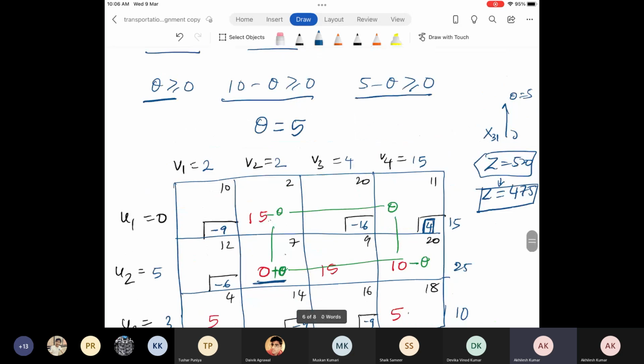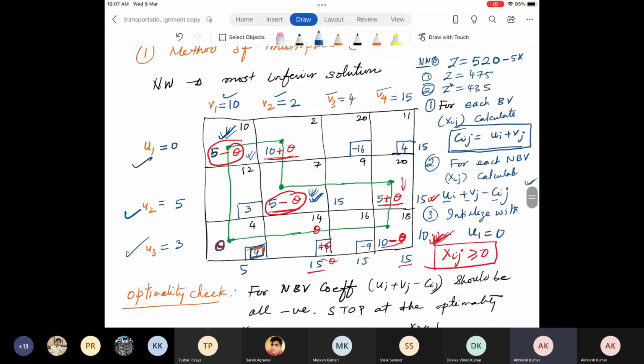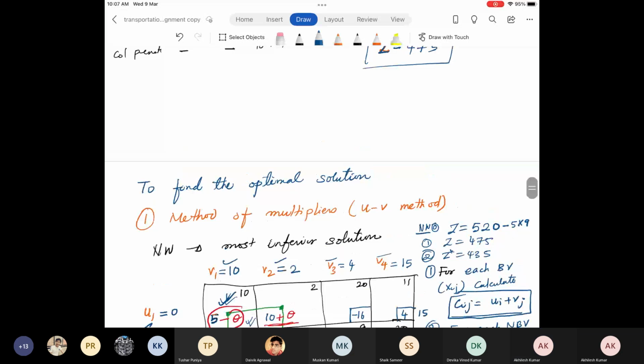So we just need to reduce our G value by 5 into the reduced cost value, which was 9 for the variable that was non-basic at that time. How much do you get? Just check. 520 minus 5 into 9. 5 is the theta for the variable that became basic, and 9 was the reduced cost.